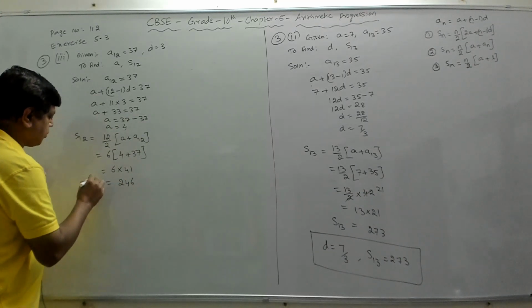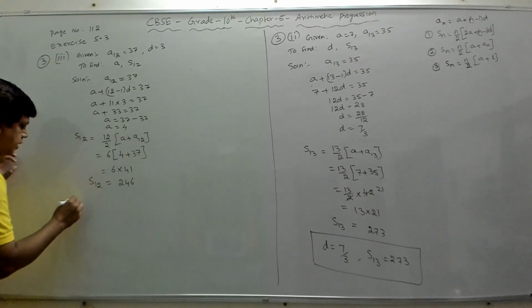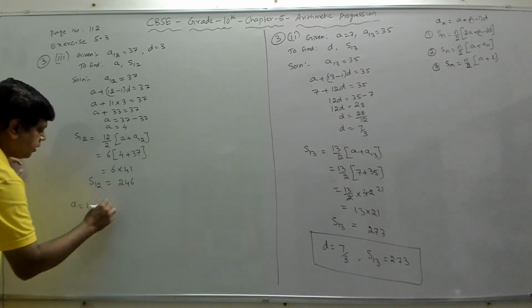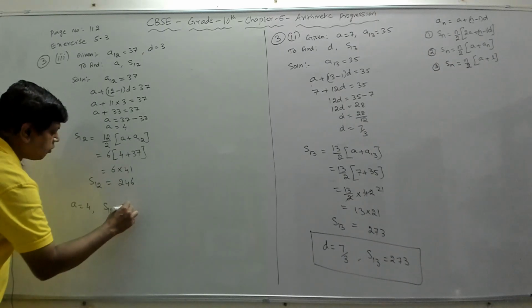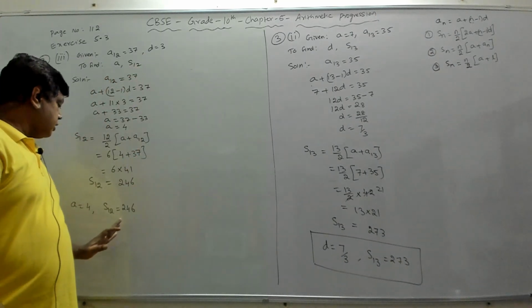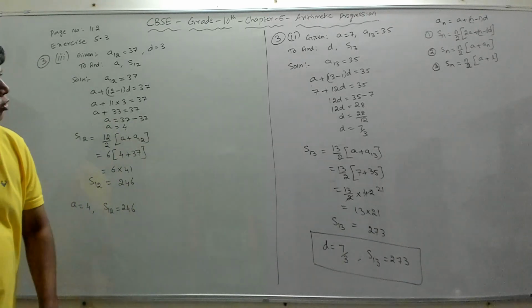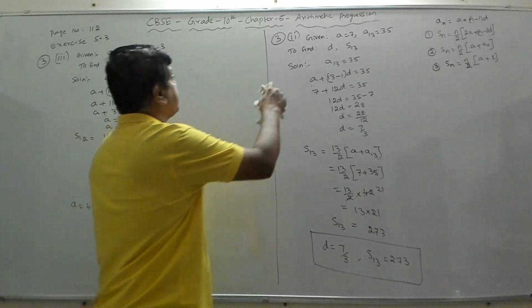So that is your S12. The final answer is A equal to 4, S12 equal to 246. So we have found both A and S12. Fine. Then the fourth problem, in the fourth subdivision.